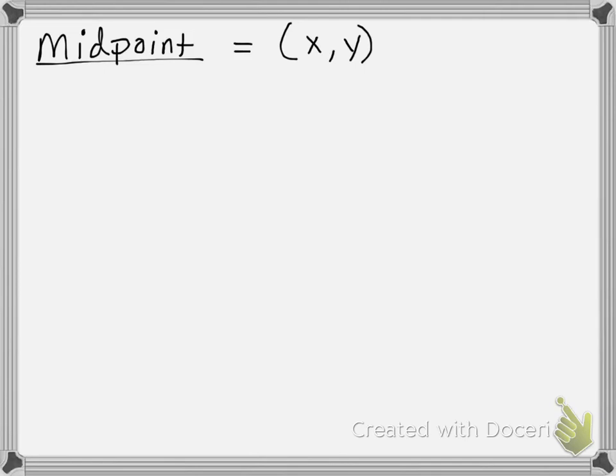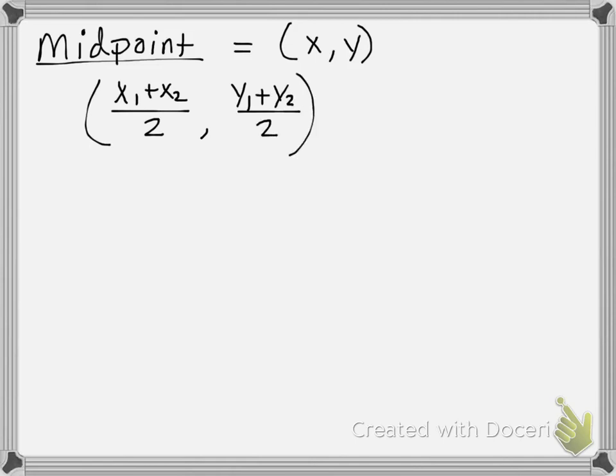All right, and your midpoint is the formula x1 plus x2 all over 2, comma y1 plus y2 all over 2. We're just adding the two x values, dividing it by 2, cutting it in half, adding the two y values, cutting it in half by dividing it by 2.